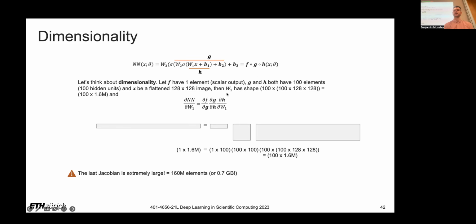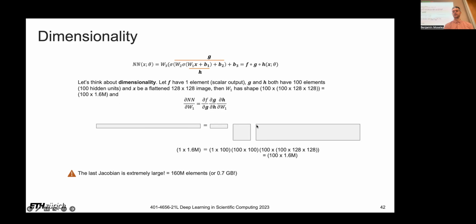Okay, so we already worked out before that the first set of weights is going to be the number of hidden units times the number of input units, which is 100 by 1.6 million. So if we think about the chain rule again, H here is a 100 element vector, and W is that 100 by 1.6 million. So the Jacobian here is a matrix which has 100 rows and 100 by 1.6 million columns, or the other way around.